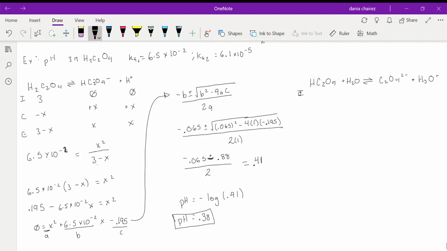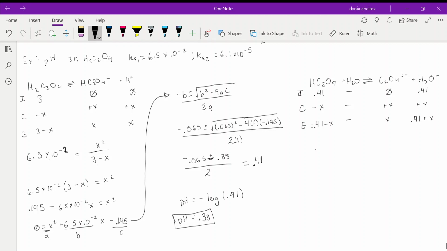Initial, we would have 0.41, doesn't matter, 0.41. Change, minus x, plus x, plus x. At equilibrium, we would have 0.41 minus x, x, and 0.41 plus x.